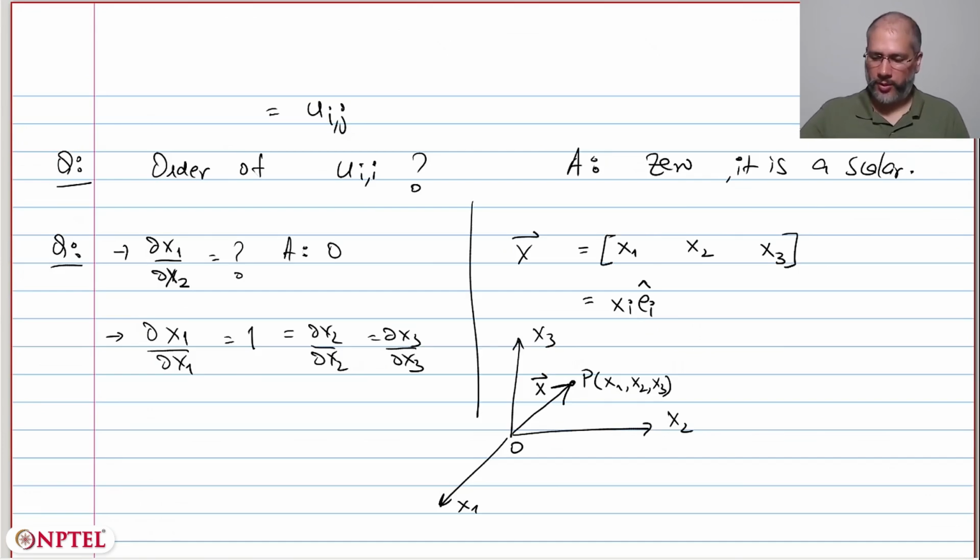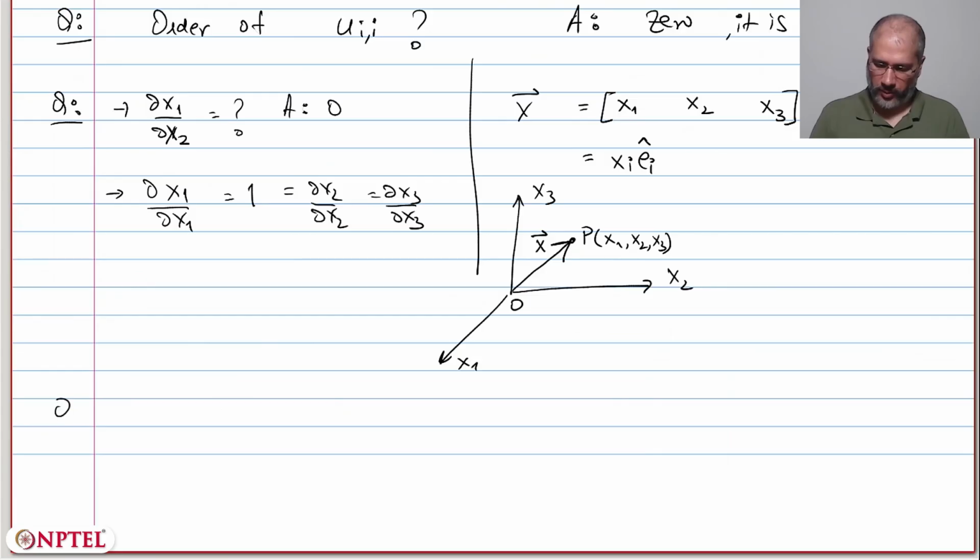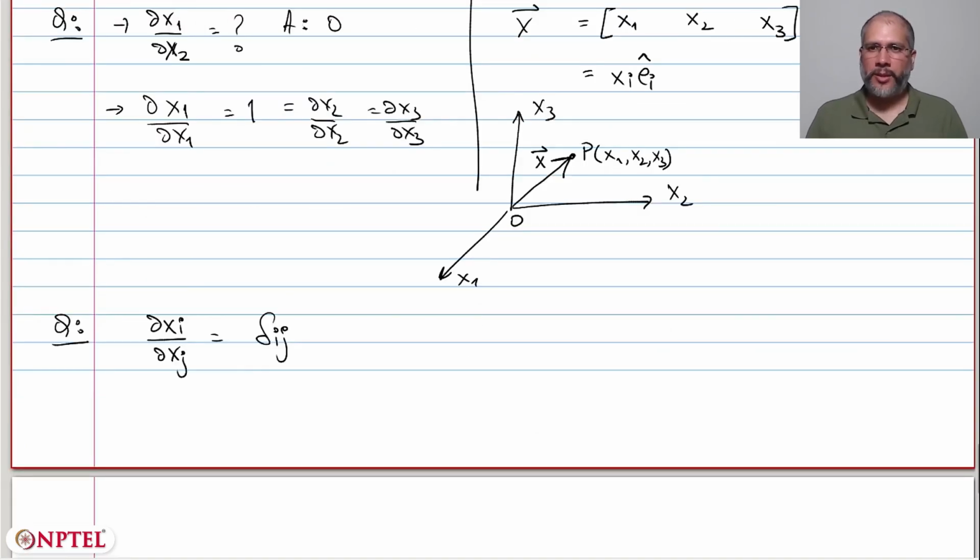So with this logic, I ask you to think about what exactly is the quantity del xi by del xj. You can guess it now: this is equal to the Kronecker delta, delta ij. And in the comma notation, we can write this as xi comma j, which is equal to delta ij.